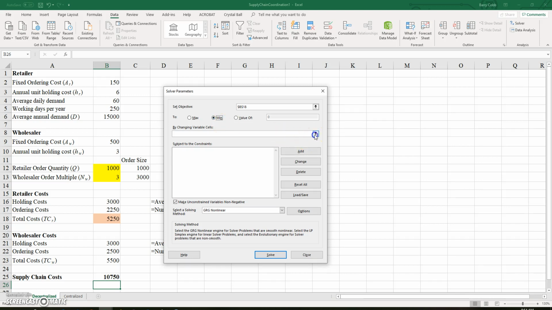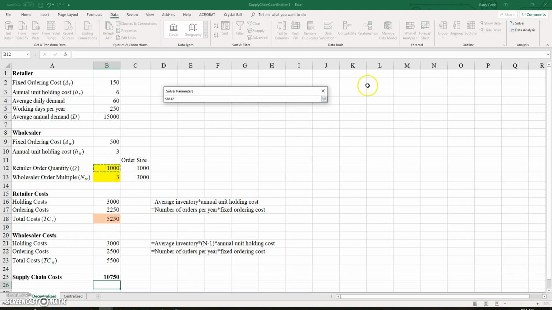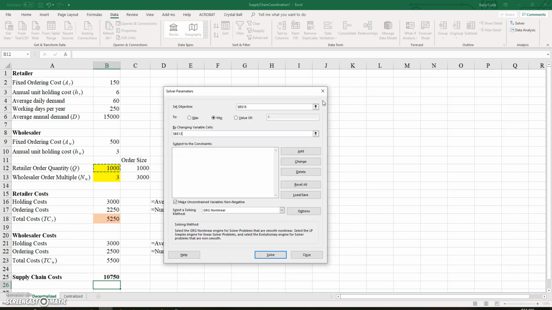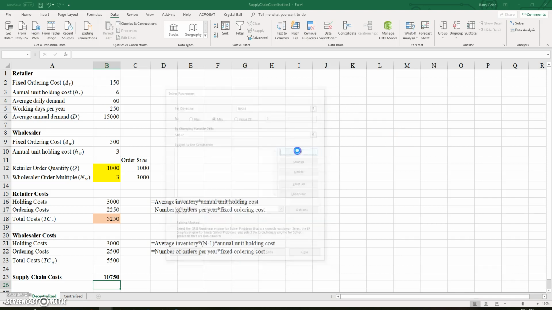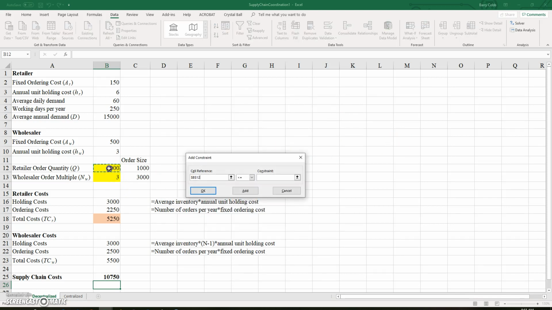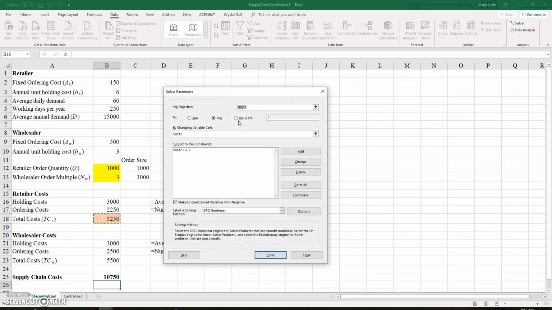And the only cell that the retailer can change in the decentralized mode is the order quantity. We'll only use one constraint, and that is that the order quantity is greater than or equal to 1. The GRG nonlinear solving method is used in this case to solve the model.